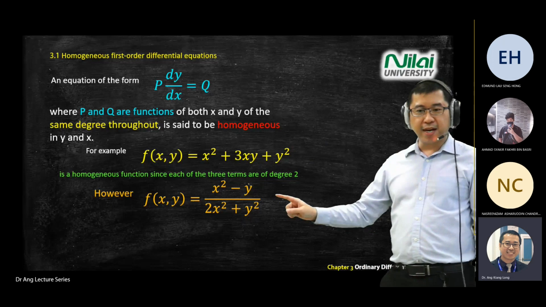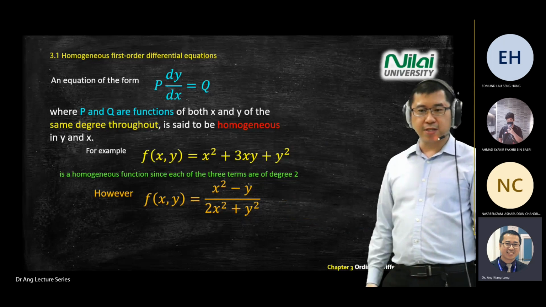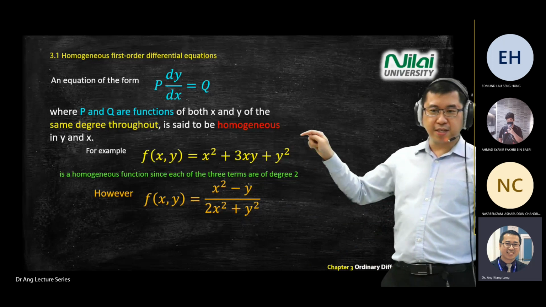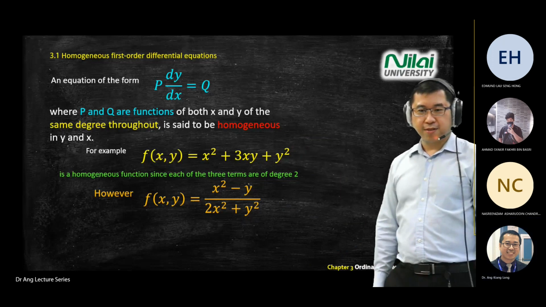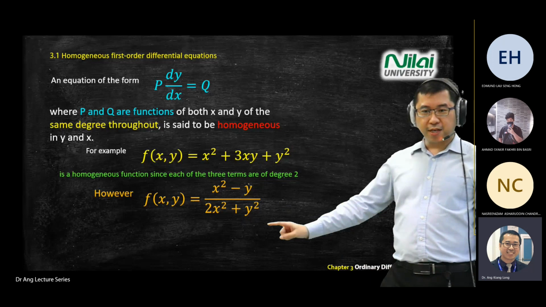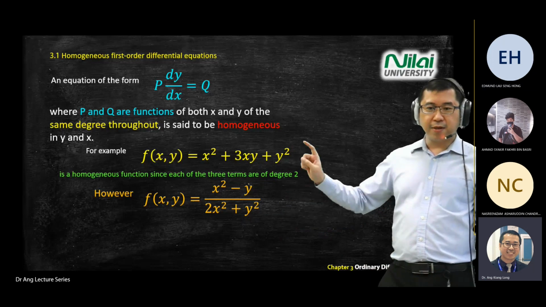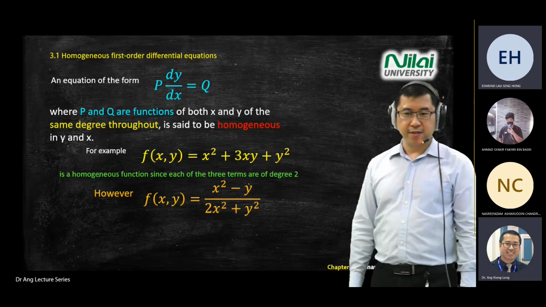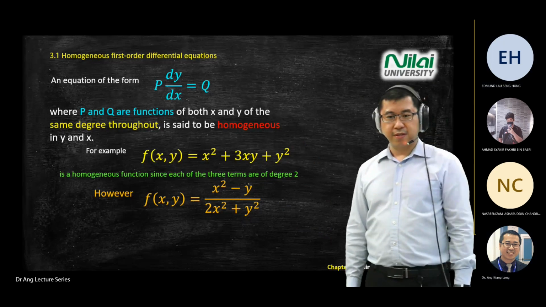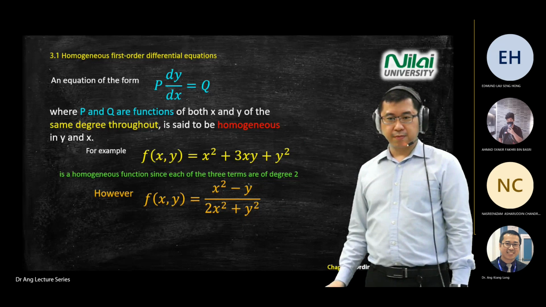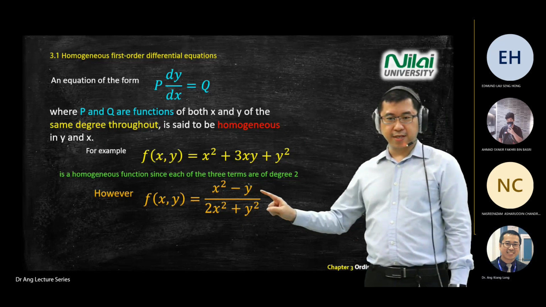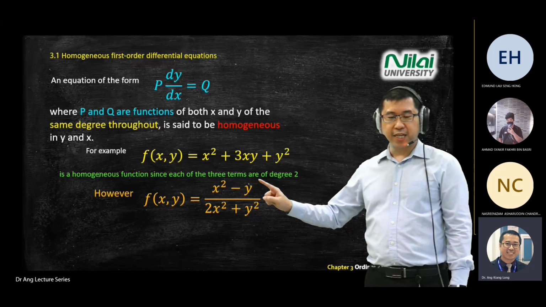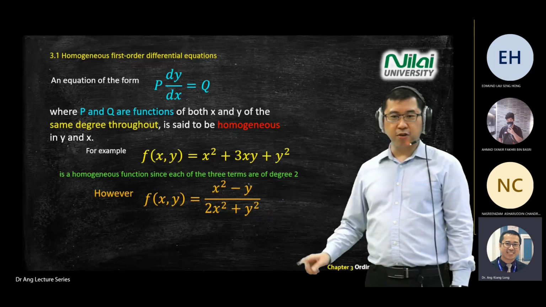But this one, why is it not homogeneous? Something is wrong, it doesn't meet the definition of homogeneous just now. Do you see anything different from above? Yeah, I got the y one only, no square. Yes, correct. This one is only 1. The degree is not the same, so this one is not homogeneous.